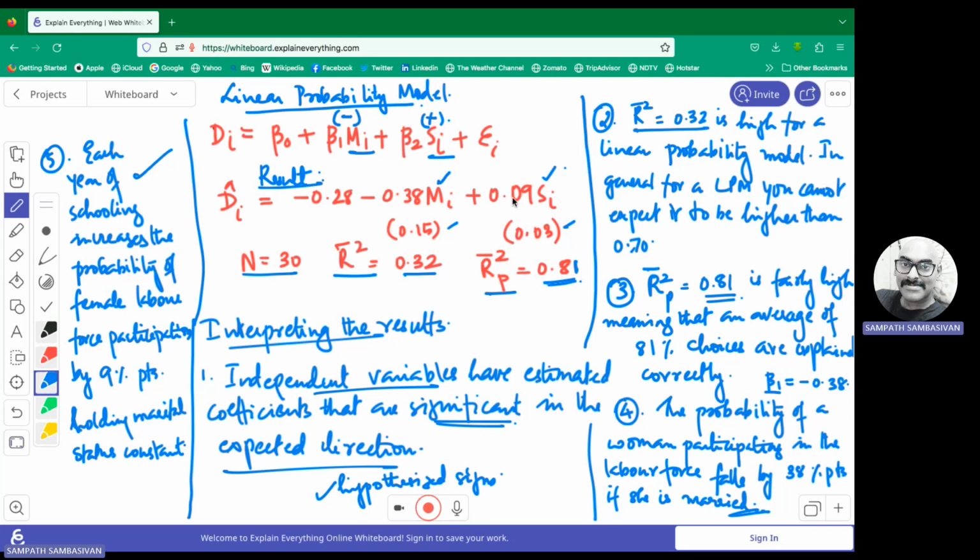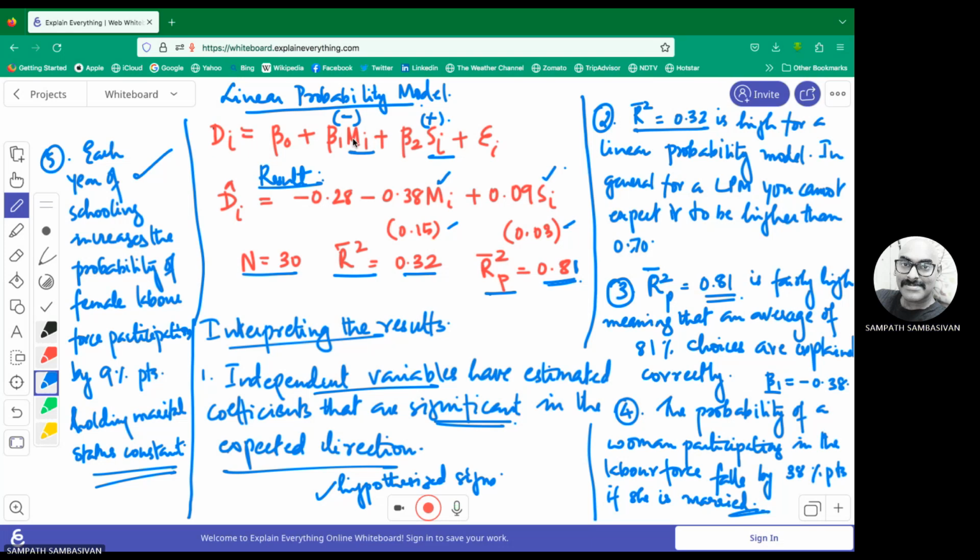It increases with every year of schooling. The probability that a woman would participate in the labor force increases by 9 percentage points, holding marital status constant. So this is a simple way in which we interpret the results of a linear probability model.